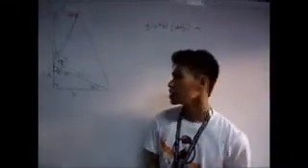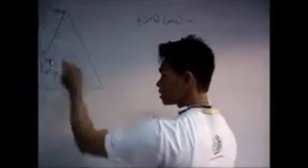So we have base 1 is equal to A plus the base 2 is equal to this one, B. And the area of this whole trapezoid is equal to the areas of these 3 triangles, right? So we are going to equate it to the areas of these 3 triangles.